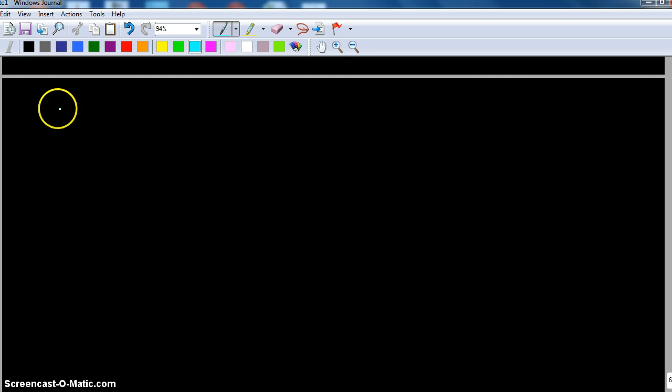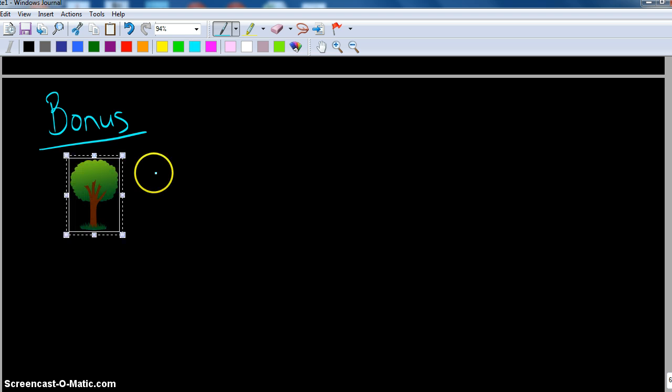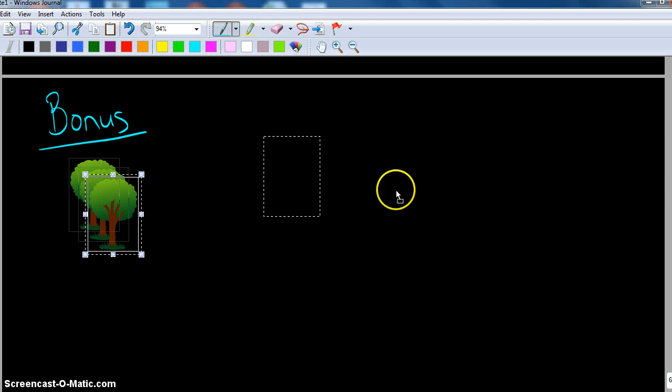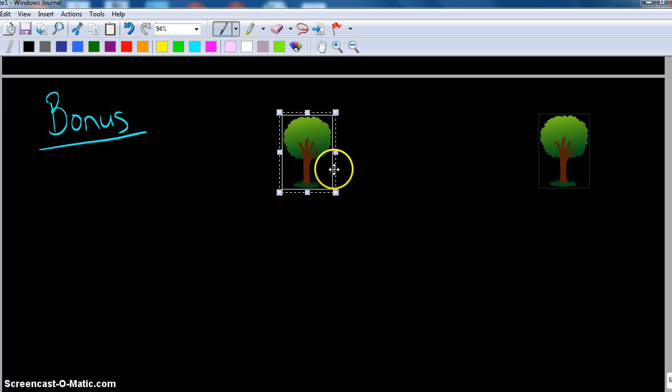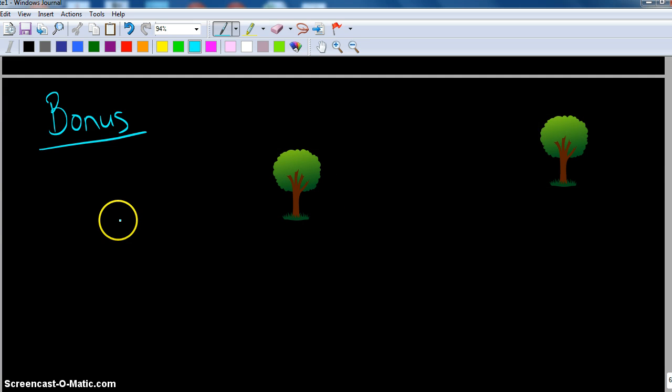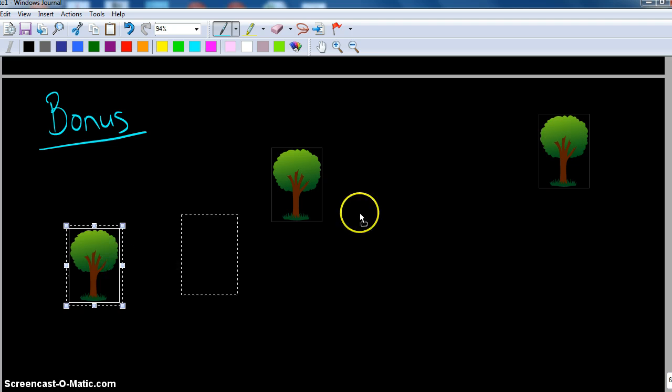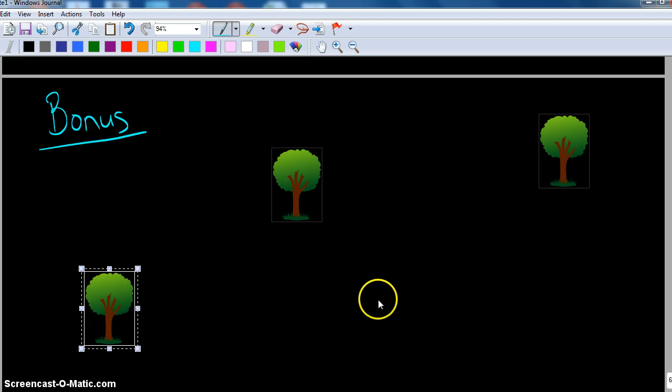So we're done with the notes, but I'm just going to go over something real quick. One of the bonuses, or maybe it's going to be the only bonus, I don't know, but at least one of the bonuses on your next test is going to involve a question with 3 trees. So we got one there, and then we have one about, I don't know, here, and we have one, I don't know, all chueco over here.